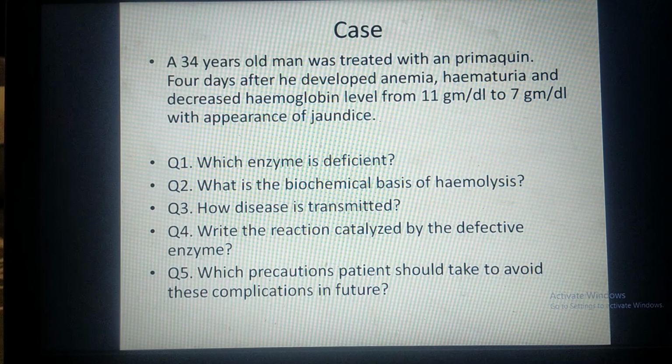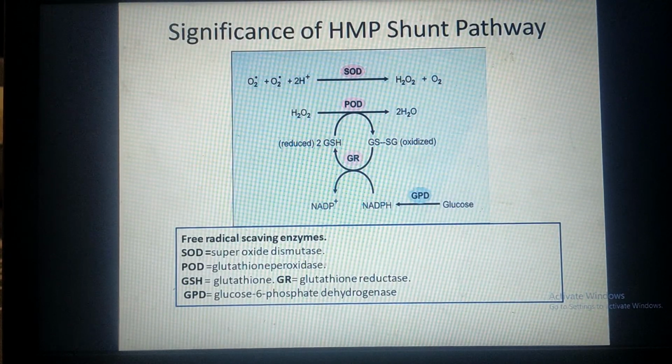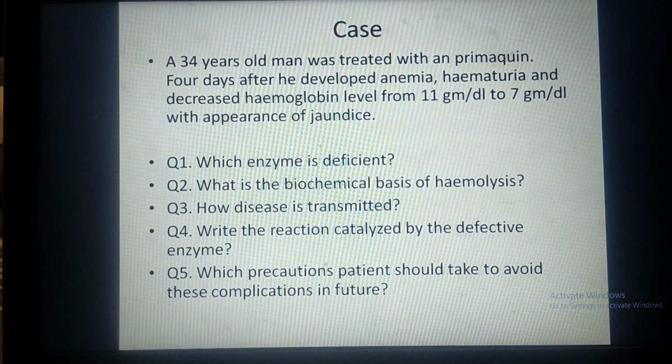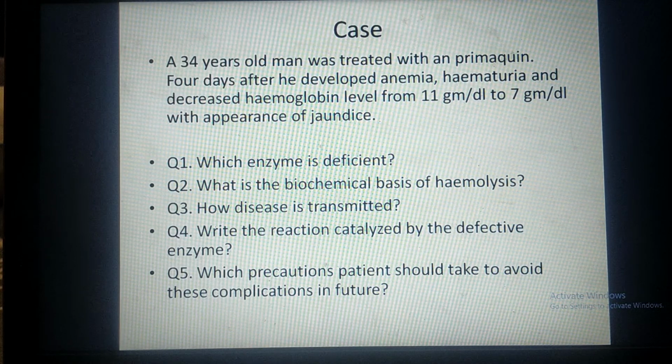Therefore, the level of NADPH is also low, and this NADPH is required to remove hydrogen peroxide from the cell by the enzyme glutathione reductase. Due to deficiency of NADPH, the hydrogen peroxide is not removed from the RBCs and they get hemolyzed.